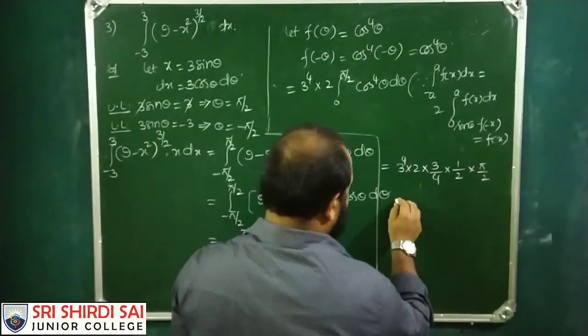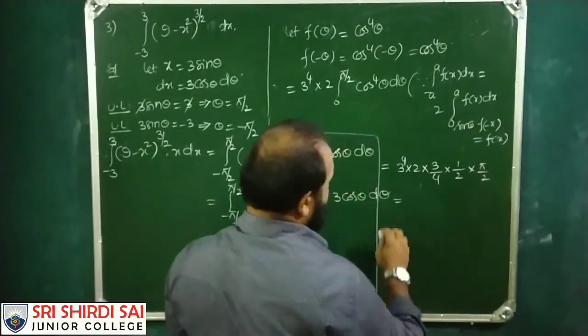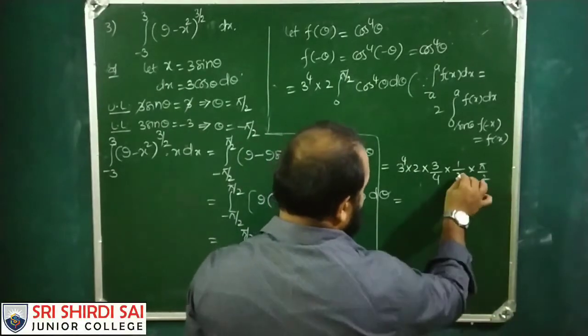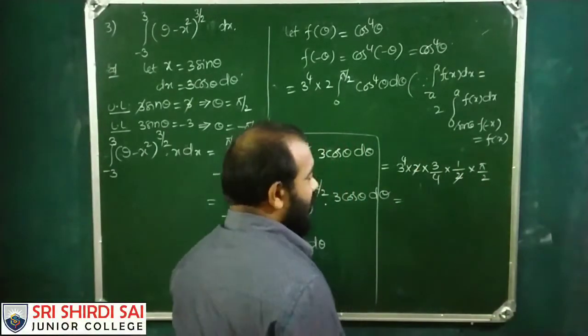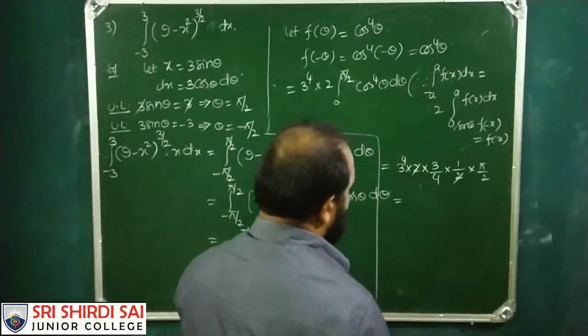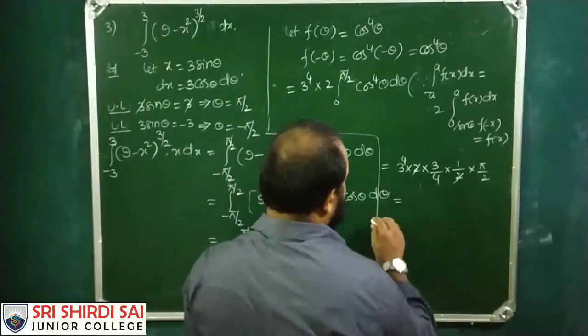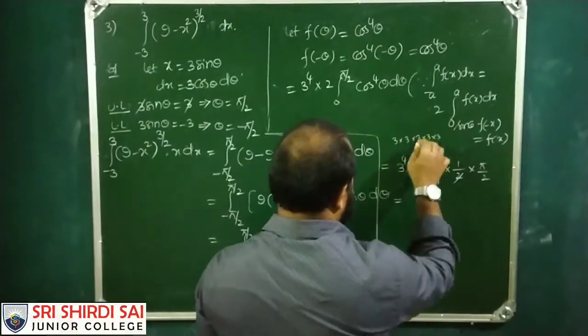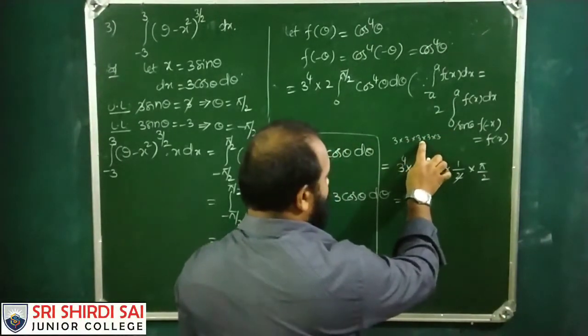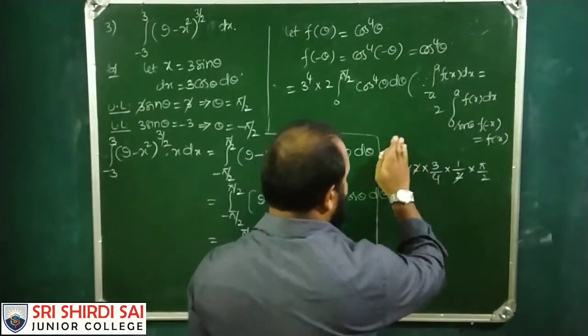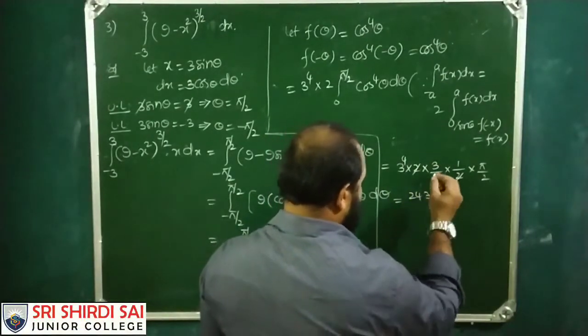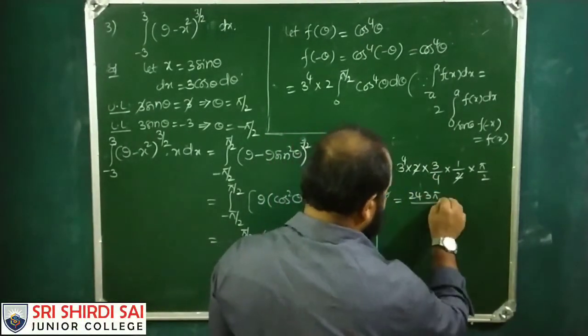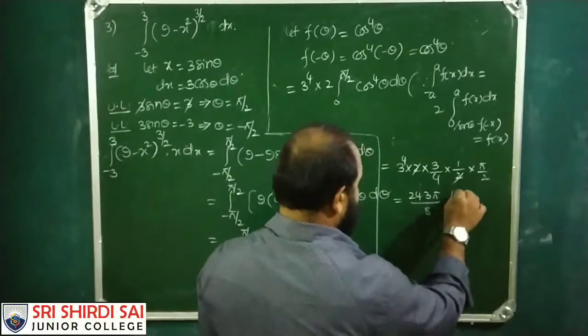So 3 power 4 is equal to, this 2 gets cancelled, 3 power 4 into 3, so 3 power 5. 3 into 3 into 3 into 3 into 3: 3 3s are 9, 3 3s are 27, 3 3s are 81, 3 3s are 243, into pi by 4, 2 4s are 8.